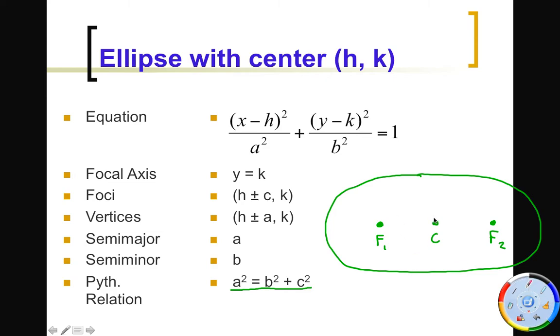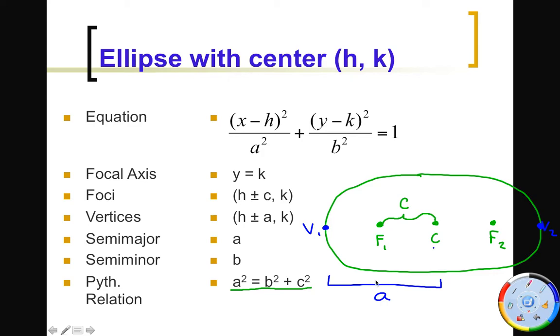All right, so this is a short and fat ellipse. The distance from center to focal point is the value c. And the distance from center, and by the way, vertices, I forgot to put that on here. Vertices are right here. So this is vertex 1, this is vertex 2. The distance from vertex to center is a.